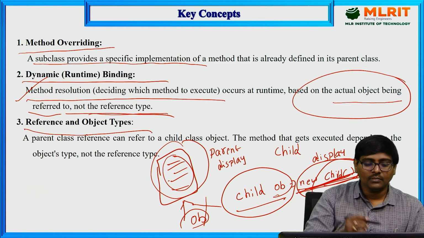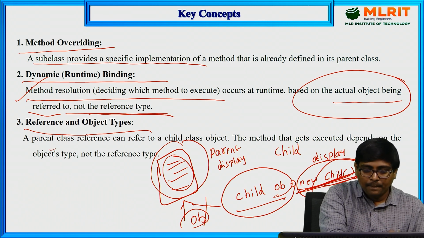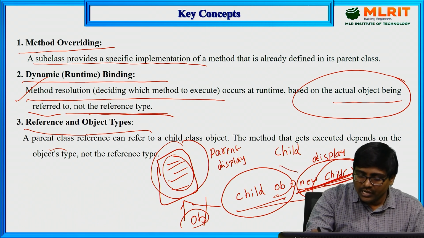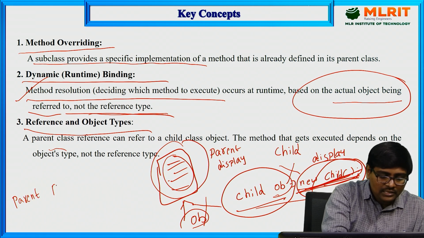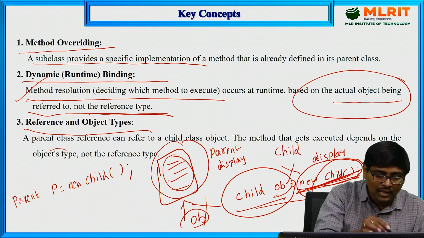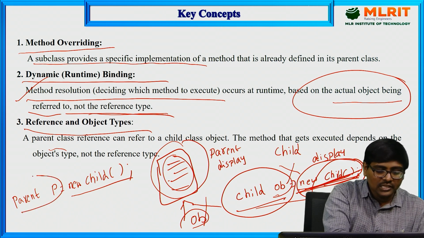Third one, reference and object types. So, this is the normal one. Now, instead of writing this statement, I write a statement like this: Parent p = new Child(). Now what happened? The object is of child type, but the reference is of parent type.